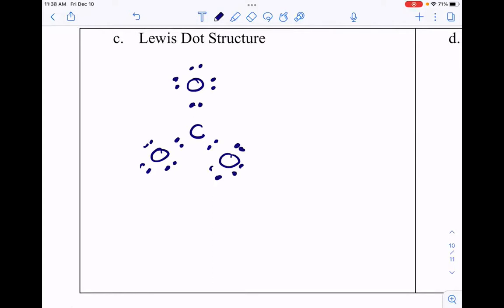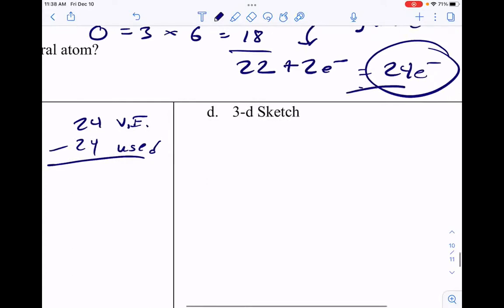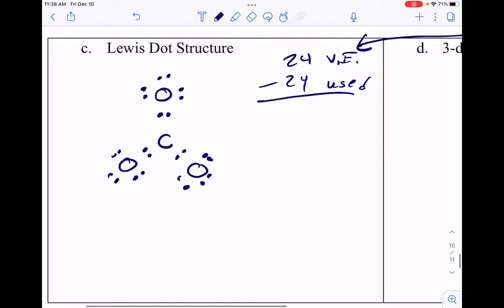So we have 24 valence electrons, and we used 24. 8 times 3 is 24. So this tells us that we have 0 lone pairs on the central atom.